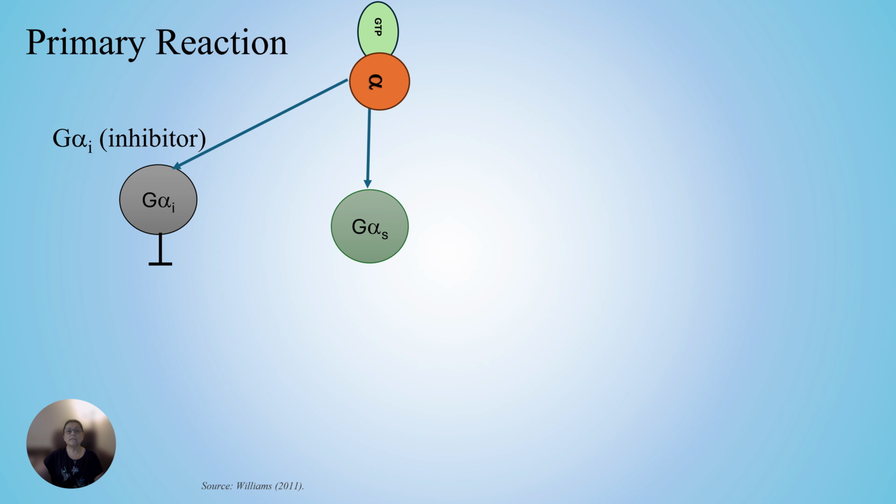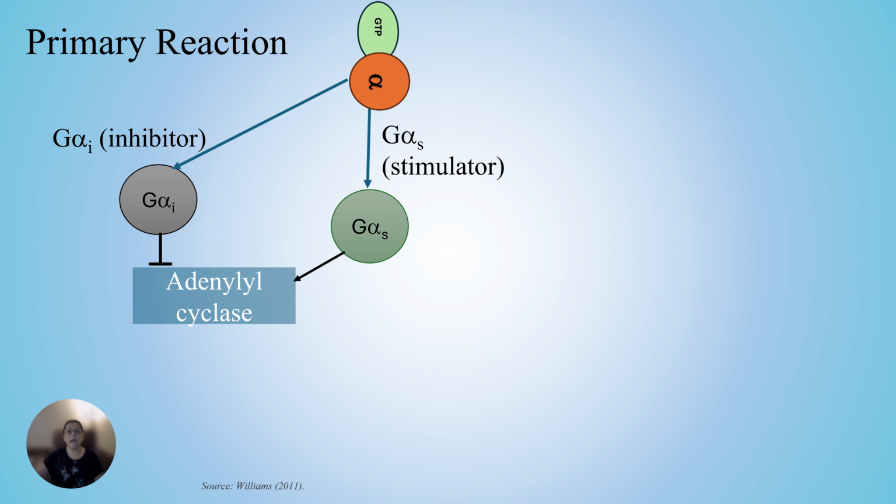The next one is a G alpha S, which is a G alpha S stimulator. This will go on and stimulate the adenyl cyclase. This reaction will then cause the ATP, which is in the intracellular membrane floating around, to be converted to cyclic AMP.